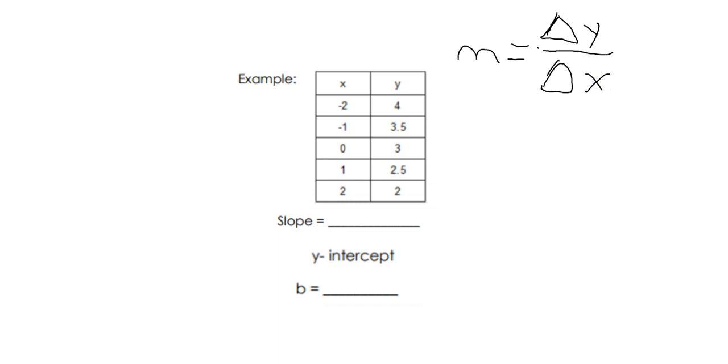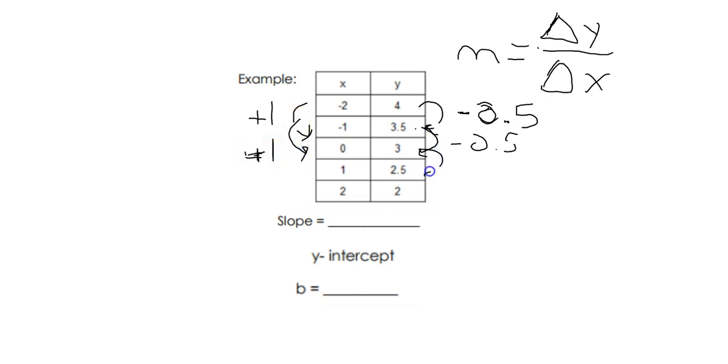If we look at our table here, I've got a change in y here of -0.5. I've got a change in x here of +1. I can see the same thing for this: a change of -0.5, +1. -0.5, +1. -0.5, +1.